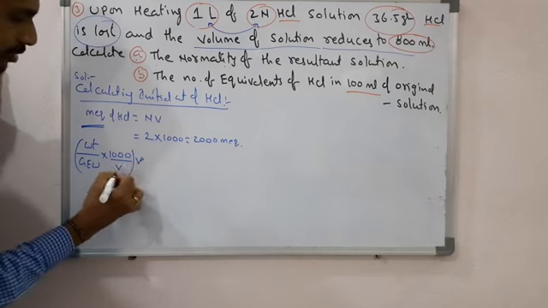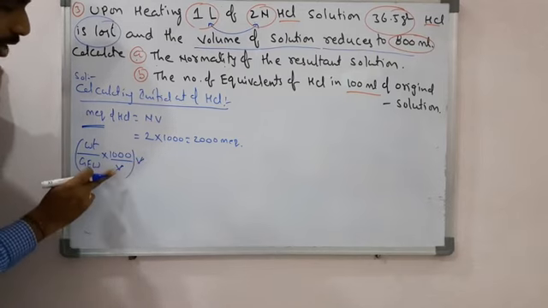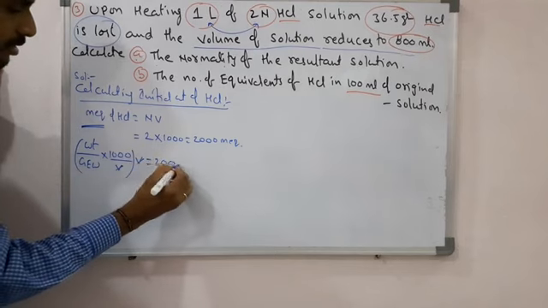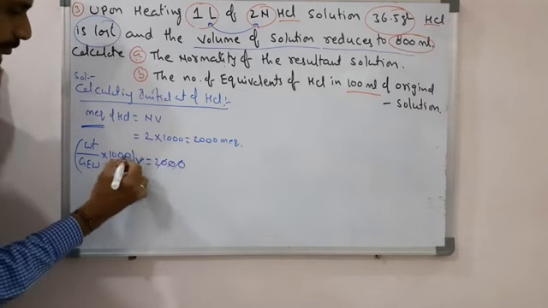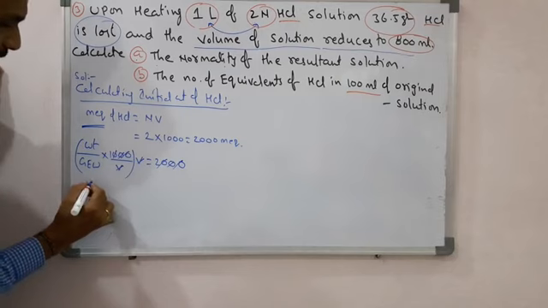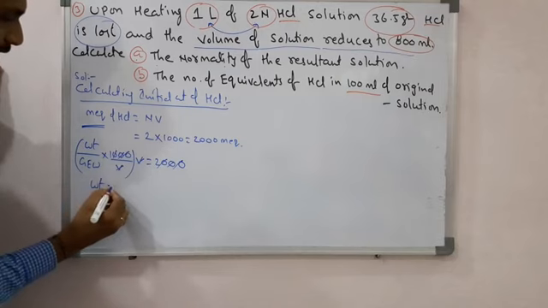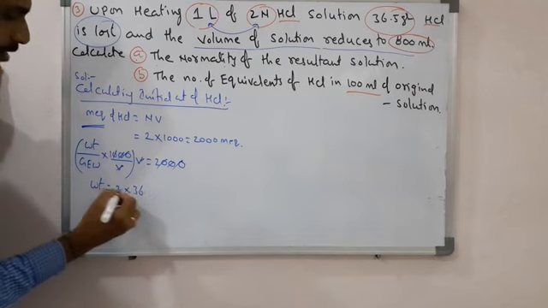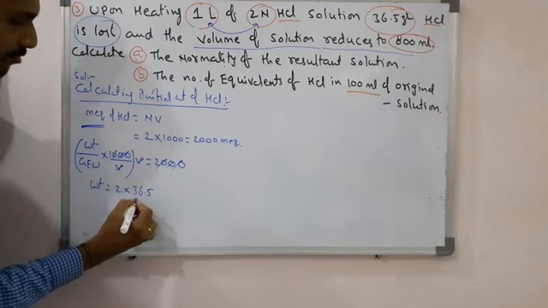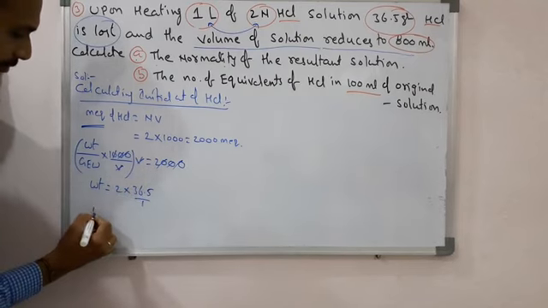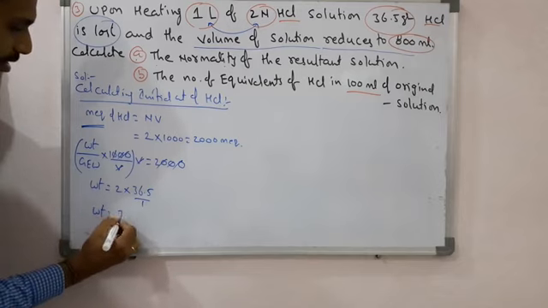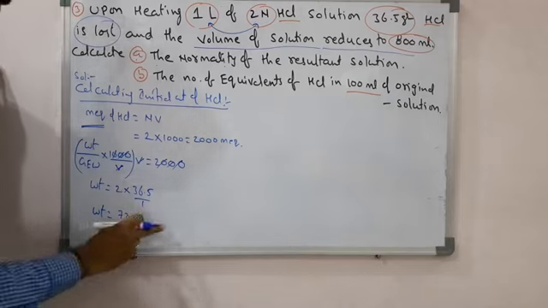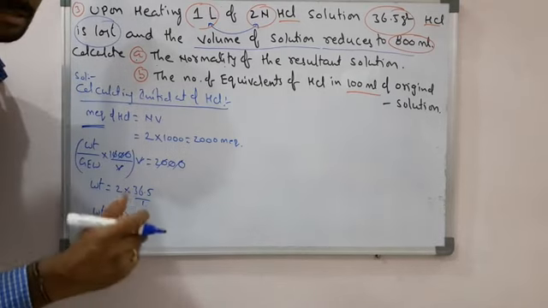The V cancels, and the 1000 ml, 1000 also cancels. So that is equal to 2000. Here weight equals 2 into the equivalent weight. The equivalent weight of HCl is 36.5 by 1. Therefore weight equals 73 grams.